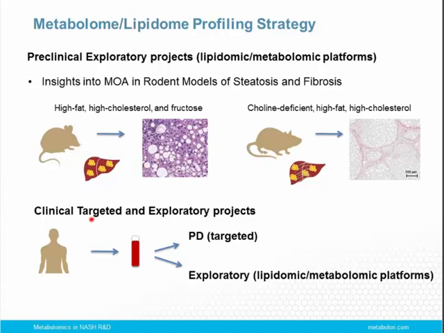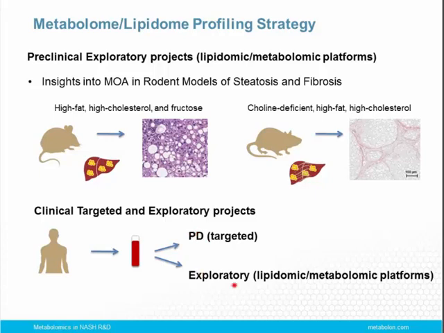Our colleagues on the clinical side are also using Metabolon platforms with two purposes. The first is to define targeted assays based on hypotheses that could be used for PD analysis, or to measure the pharmacodynamics of your drug.